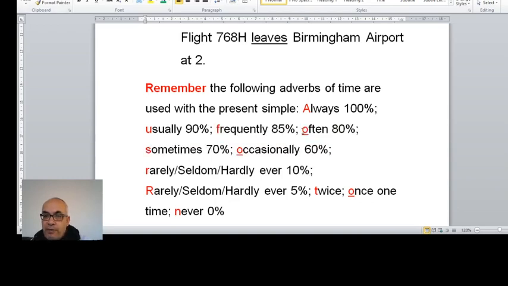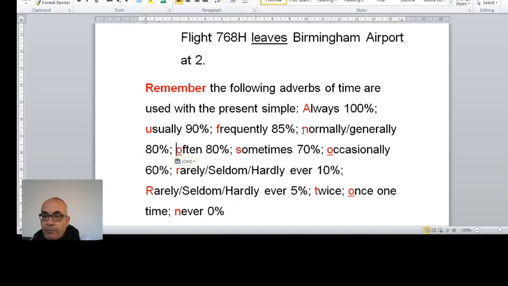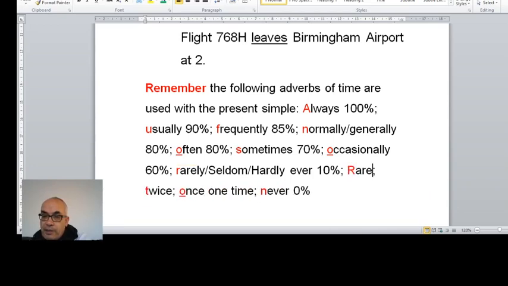So frequently 85%, and then normally and generally and often, this is 80%, sometimes 70%, occasionally 60%, and rarely or seldom or hardly ever 10%. And then again, I can delete this one here. I will delete it.